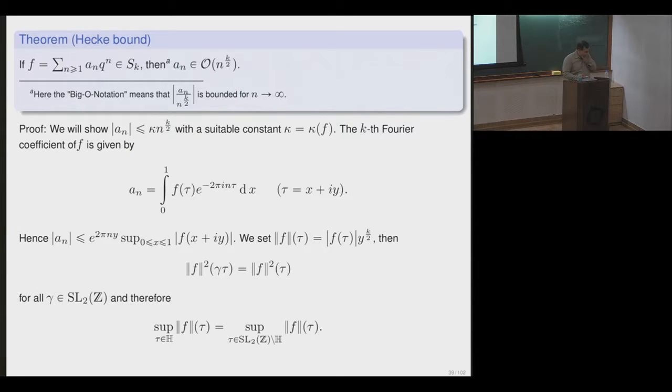We look at the nth coefficient, which can be obtained just by getting rid of the periodic part. We just have to multiply with the right frequency, and therefore we get this formula for the nth coefficient. This means that the nth coefficient can be bounded by the supremum of the absolute value of f of x plus i y.